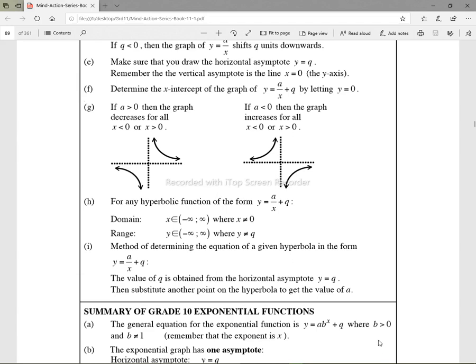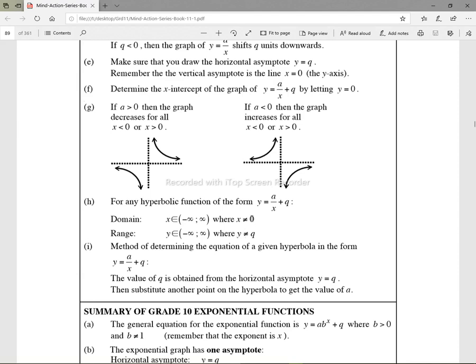Another important thing that you must know is the domain and the range of the hyperbola. The domain for this function is x element of negative infinity to the positive infinity, except where x is equal to 0.